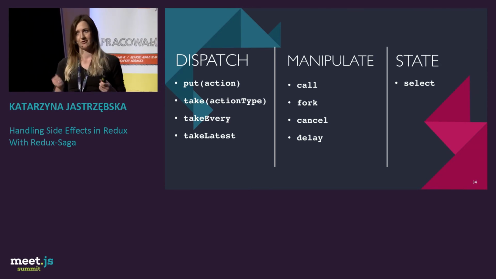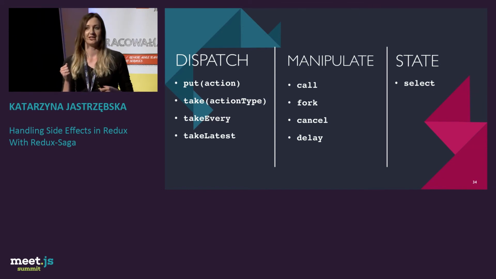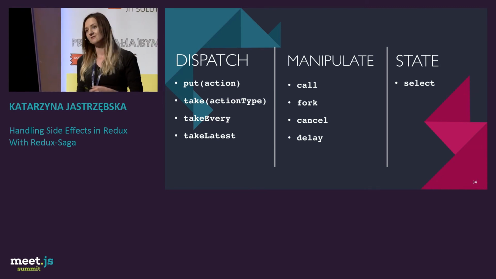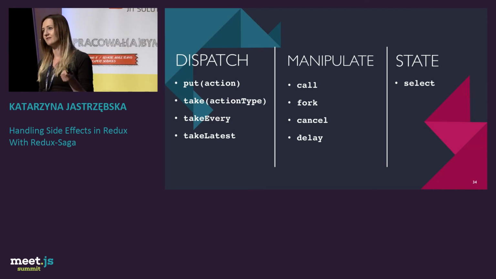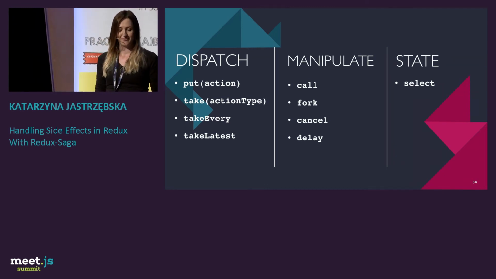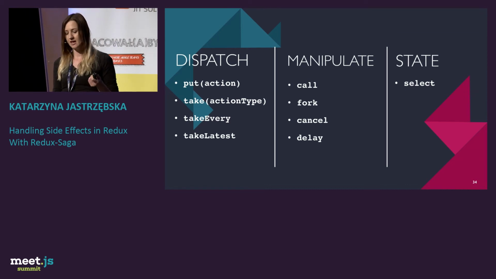So we take our generator on the fork, and we have reference, so we can easily what? Cancel it, of course. Yeah, so from now you can cancel the asynchronous operation. And we have also delay and many others to help our generators work as we want to.